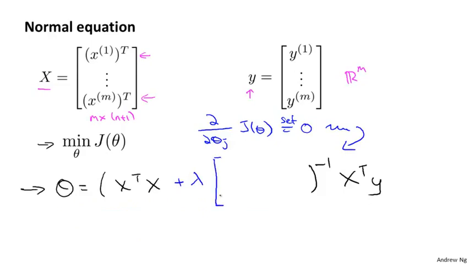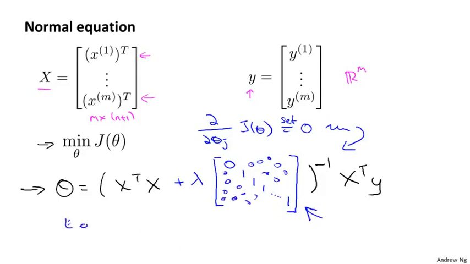Inside this parenthesis, you end up with a matrix like this: 0, 1, 1, 1, and so on, 1 until the bottom. So this is a matrix whose upper leftmost entry is 0, with 1's on the diagonal, and 0's everywhere else, because I'm drawing this a little bit sloppily.